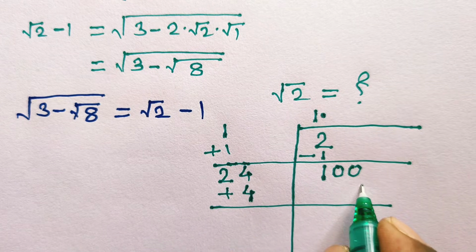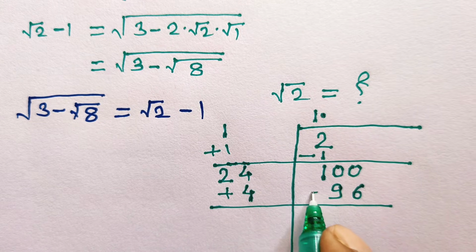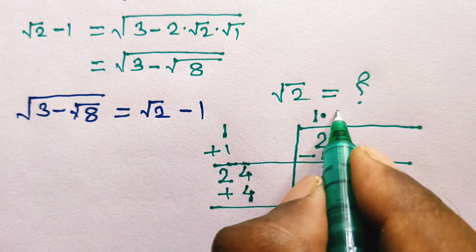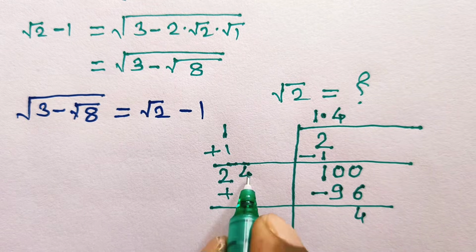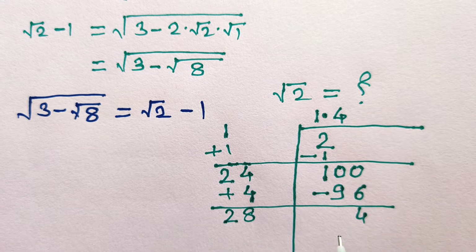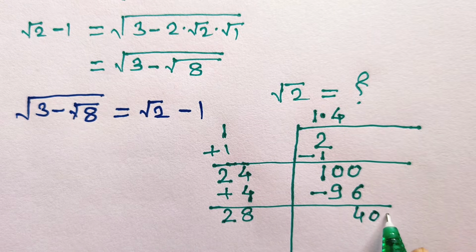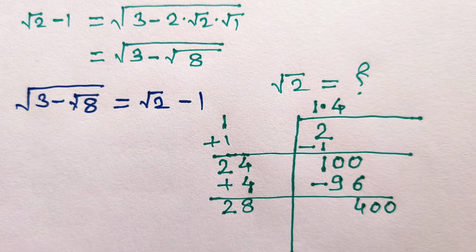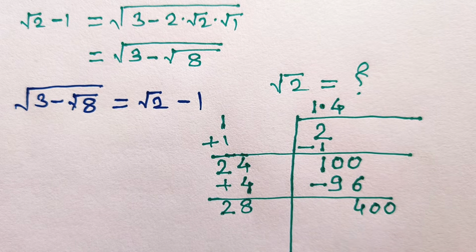4 into 4, 16. 4 into 2, 8 plus 1, 9. Then subtracting, this 4 we have to put here also. Remainder is 4. 4 plus 4, 8, and this 2. Now due to this decimal point we have to put a pair of zeros after this 4. Then we have to put any one number here so that its multiplication with that number will be less than 400, and that will be 1.